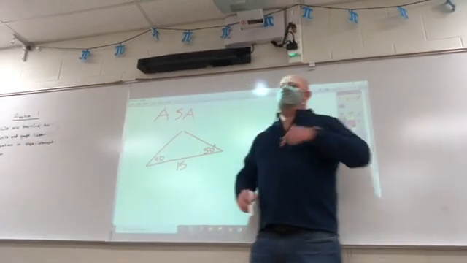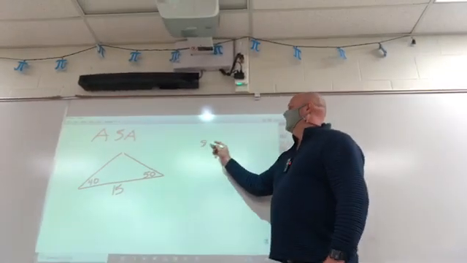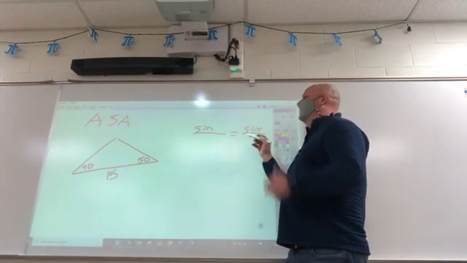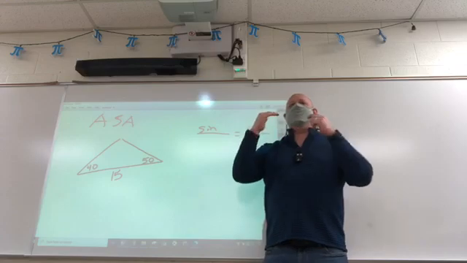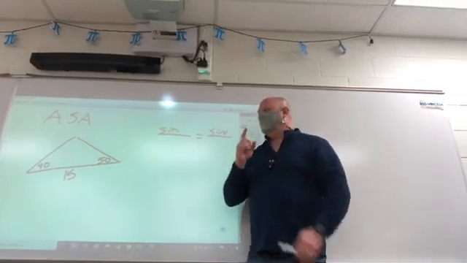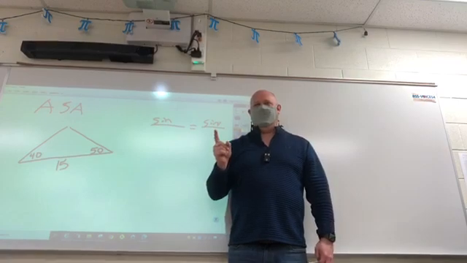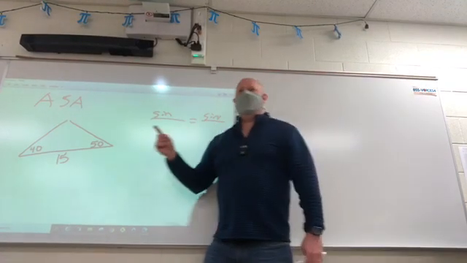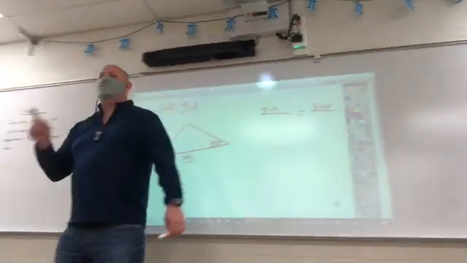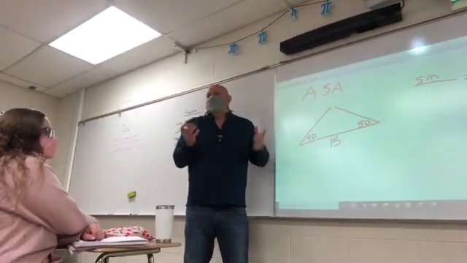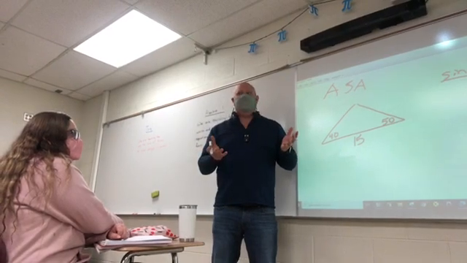If this was the scenario, do we have enough information to set up a proportion? Do I have a pair? No. The answer is yes. Why? Can I find the third angle? Yes. If I'm ever given 2 angles, don't I always really know all 3?